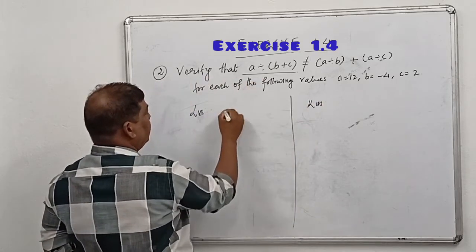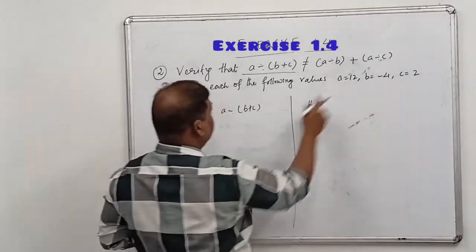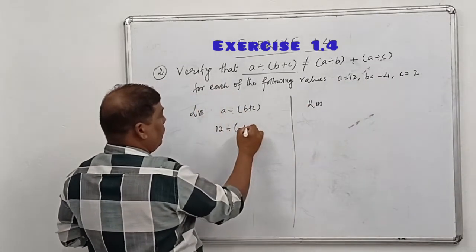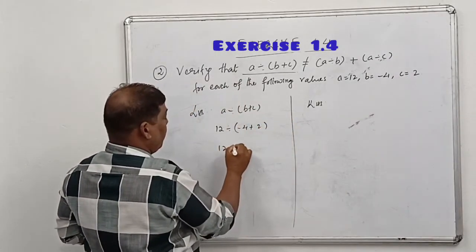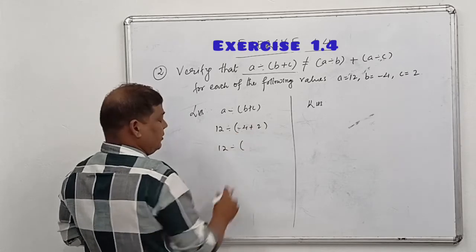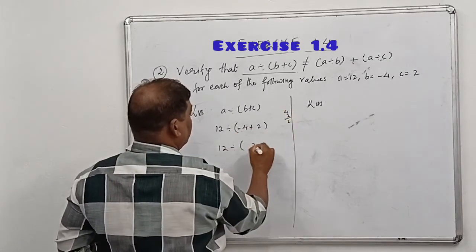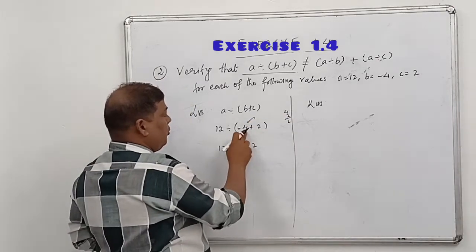Now in the LHS, given a upon b plus c, the value of a is 12, the value of b is minus 4, and the value of c is 2. So 12 upon minus 4 plus 2, that is 4 minus 2, which is 2, and 4 is the greater value, so we carry the negative sign.